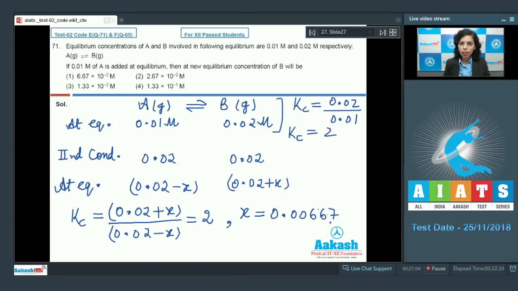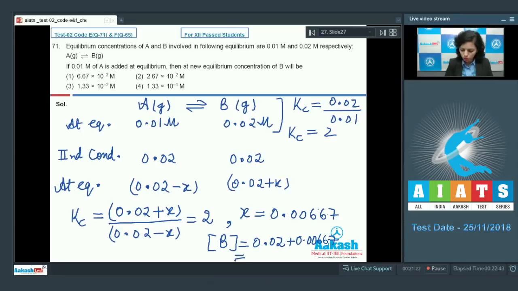And if this is the value, you can easily find out the amount of B at equilibrium. So the concentration of B at equilibrium is equal to the initially present 0.02 plus 0.00667.